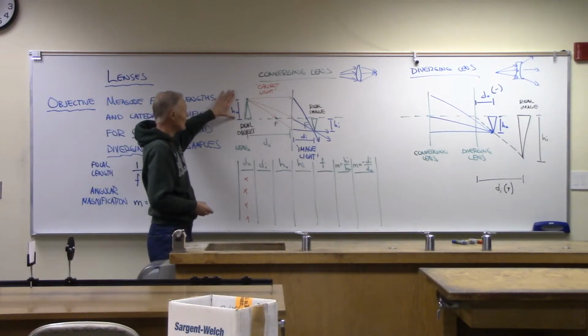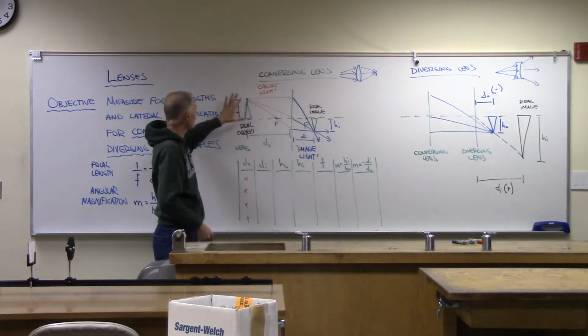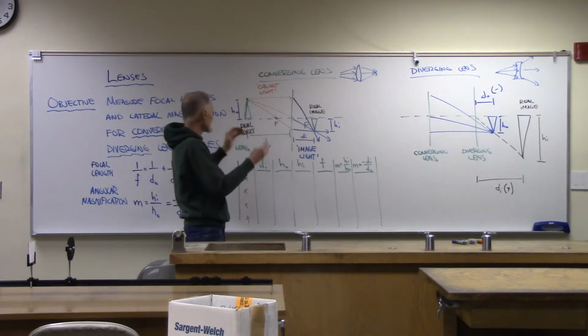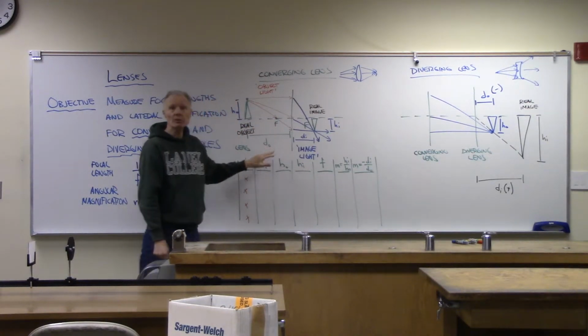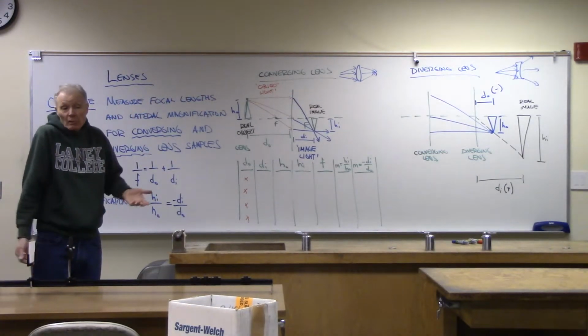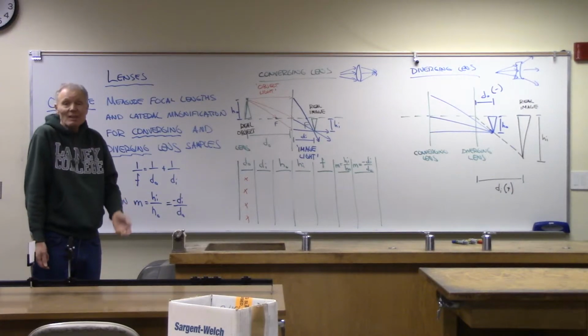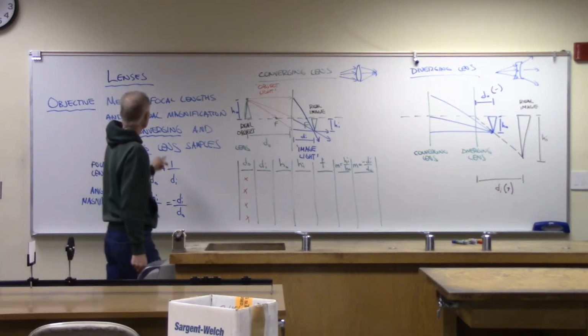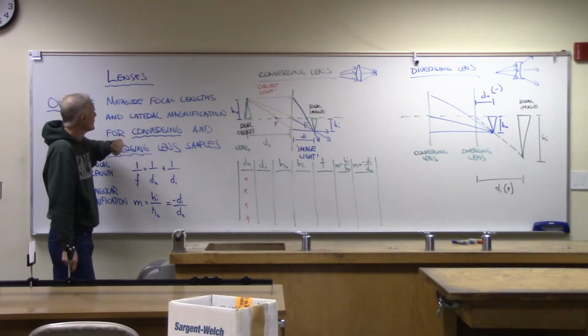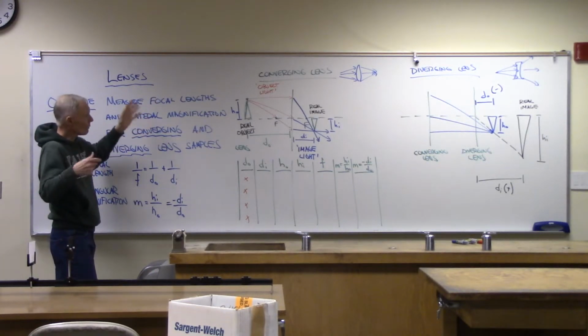So for the converging lens, I just picked some kind of an arbitrary object distance. We want to try different values of object distances because we want to see if we keep getting the same focal length. Again, our objective for the day is that we've been assigned by the company we're working with.